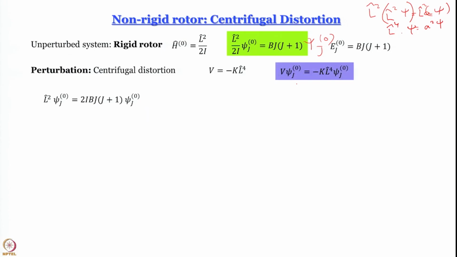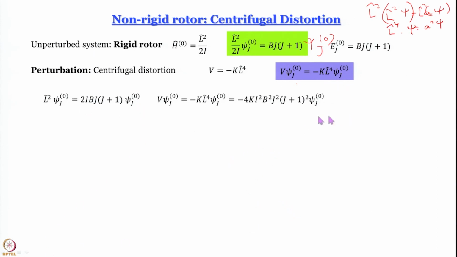So, we make this operation and we get V operating on psi j 0th is equal to minus k L to the power 4 operating on psi j 0th gives us minus 4 k I square B square j square into j plus 1 whole square psi j 0th. Please do not square psi, the wave function, okay. You need to understand how the operation is done, I am sure you are clear with that.